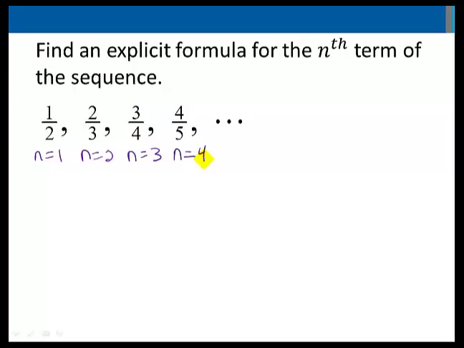And then I look at what I could do to these numbers to get each term, and it looks like if I plug in the n value for the numerators, that works in each of these, and if I take the numerator plus 1, I get the denominator. So my formula for this sequence will be A sub n equals n over n plus 1. It looks like that works for each term here.